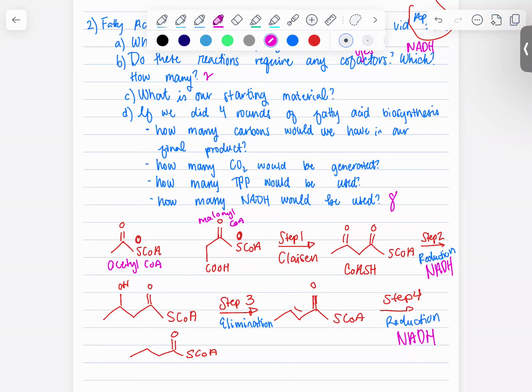How many TPP get used in 1 round? 0. So how many get used in 4 rounds? 0. How many CO2 get generated? I haven't explicitly drawn it out.